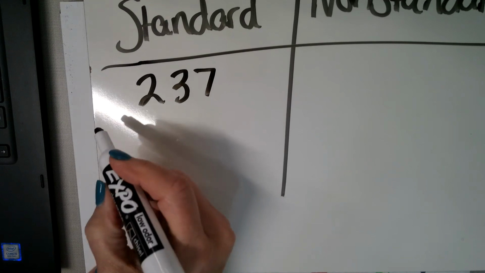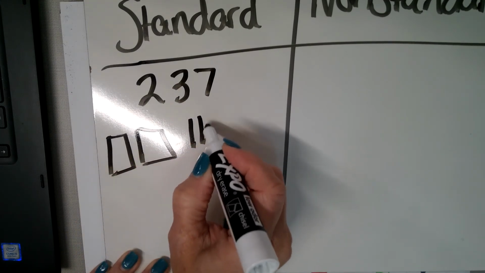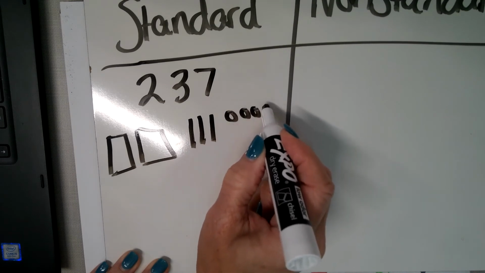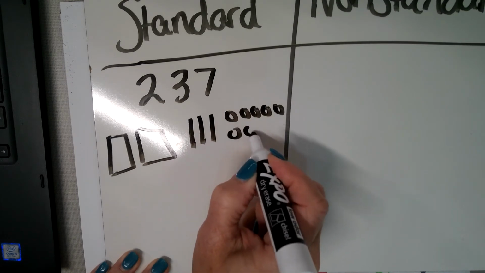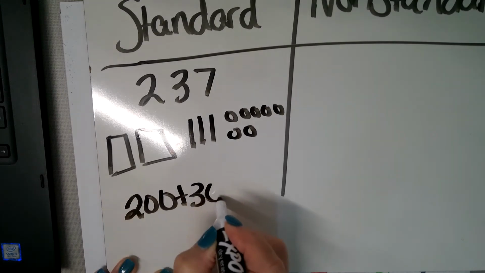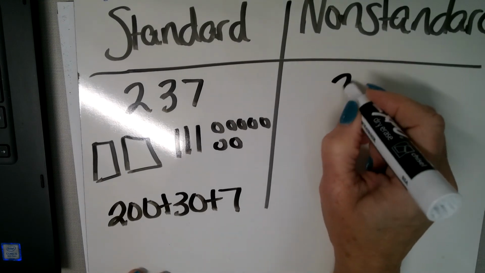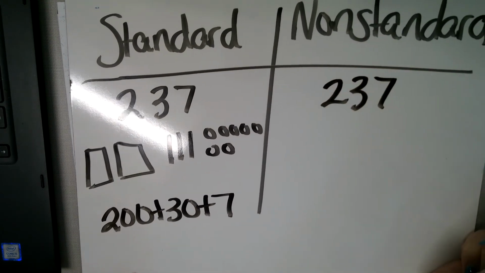In standard form, I would just write 2 hundreds, 3 tens, and 7 ones. And my expanded form would be 200 plus 30 plus 7. But my non-standard form of the same number would look different.